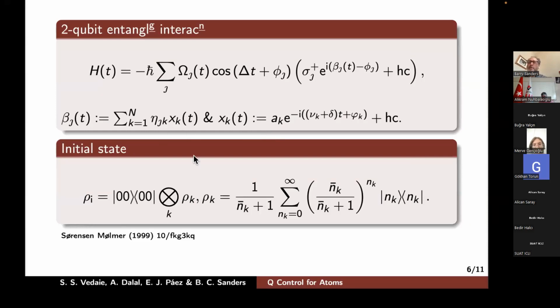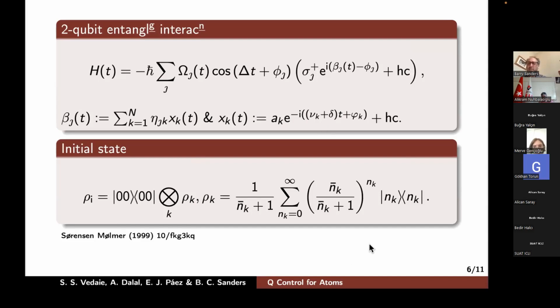And the Lamb-Dicke parameter just quantifies an overlap between the mode function, the kth mode function, and the jth ion wave packet. And x_k, this is the quadrature operator. It's just a sum of annihilation and creation operators that incorporates a detuning from transition frequencies.